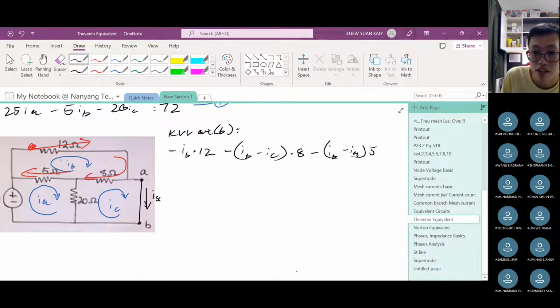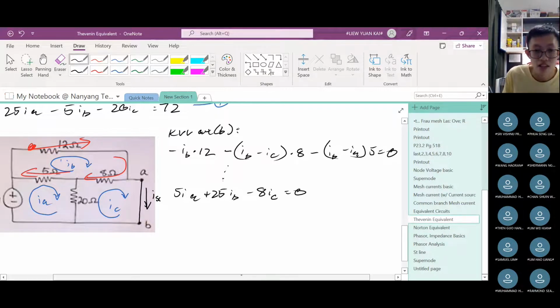And then we come back to the red dot, so equals to 0. Expand and simplify this, you should get 5 IA plus 25 IB minus 8 IC equals to 0. So this is our second equation.